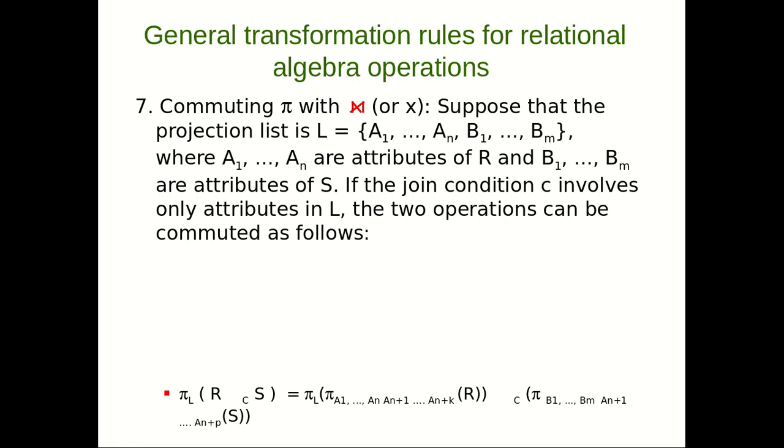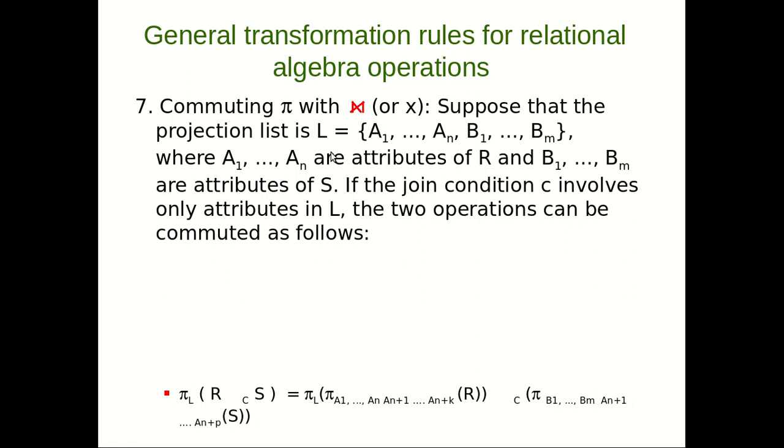Here also the question is, you have a project with this project list L on R join S. Whether you can apply the project of A1, A2, AN on R, then project of B1, B2, BM on S, and then perform the join operation.